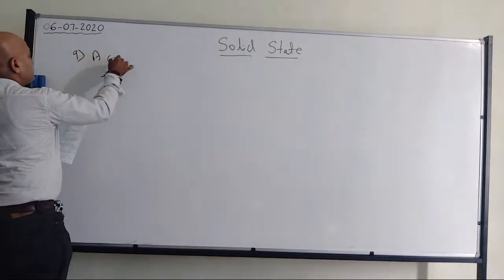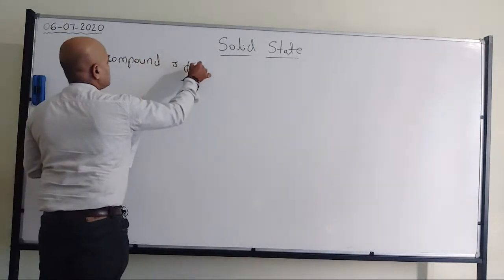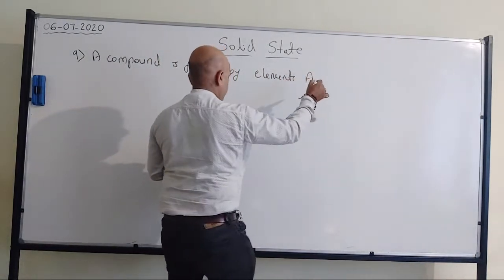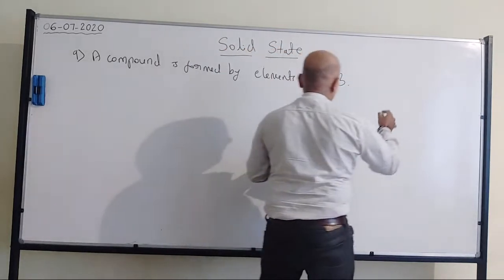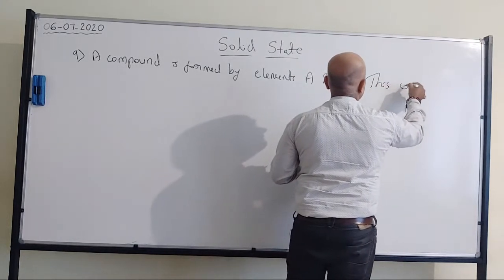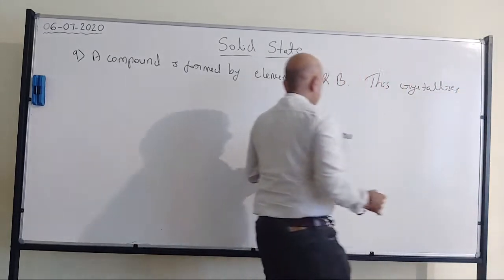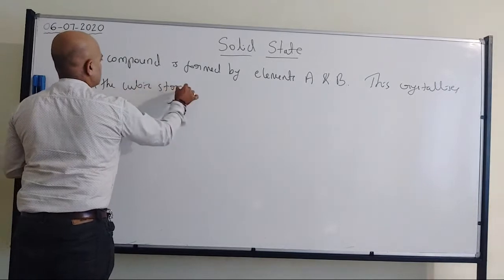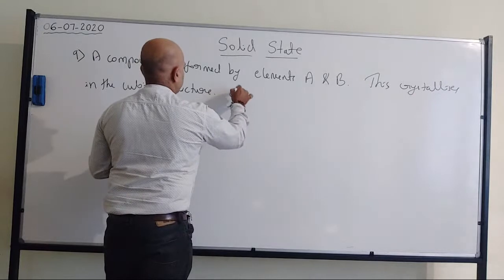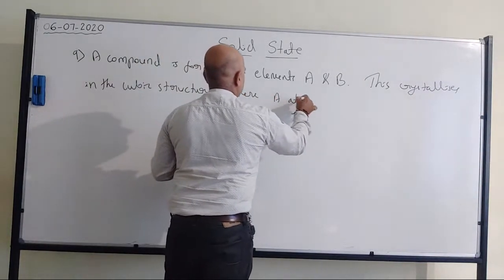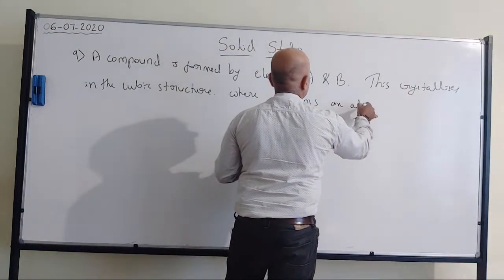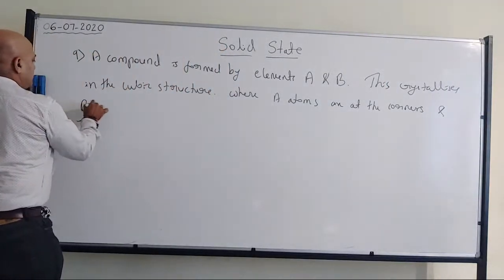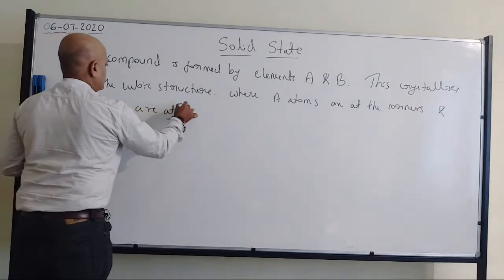A compound is formed by elements A and B. This crystallizes in the cubic structure where A atoms are at the corners and B atoms are at the body center.